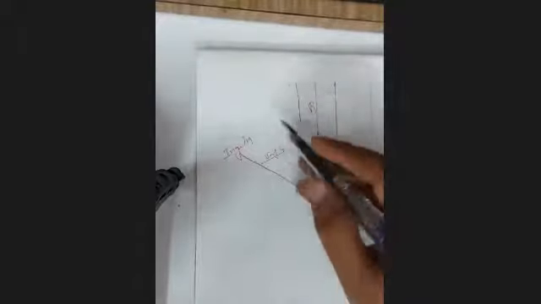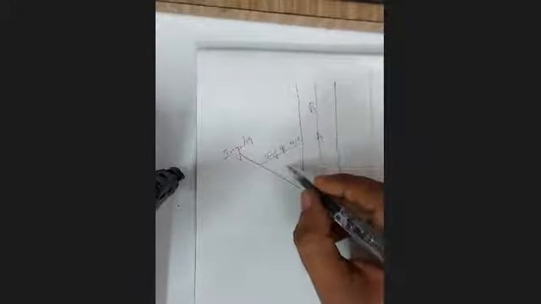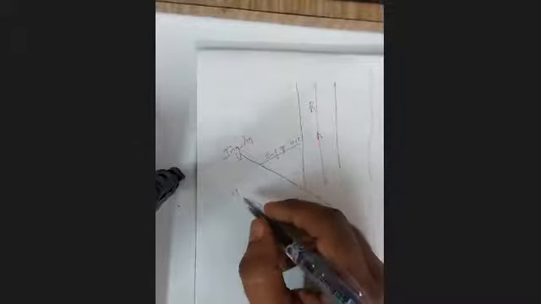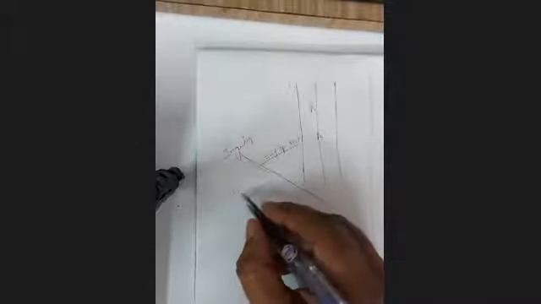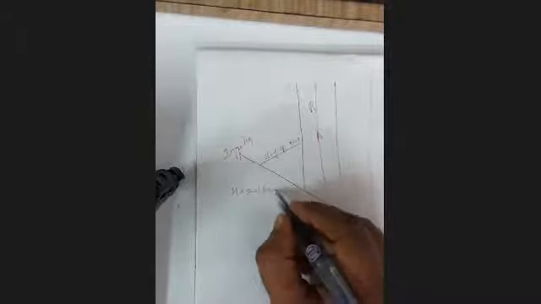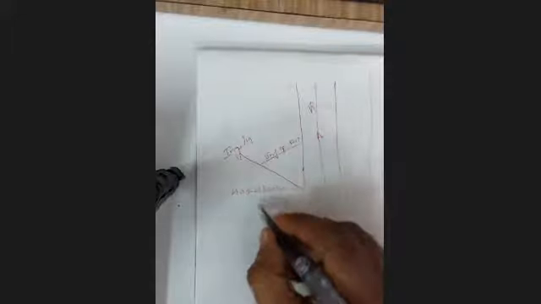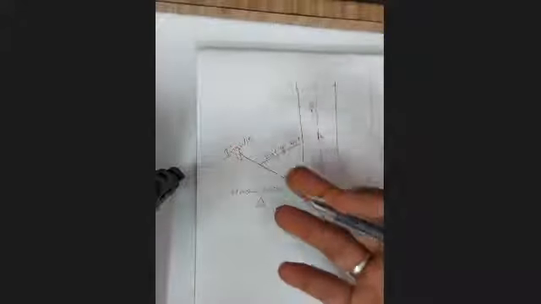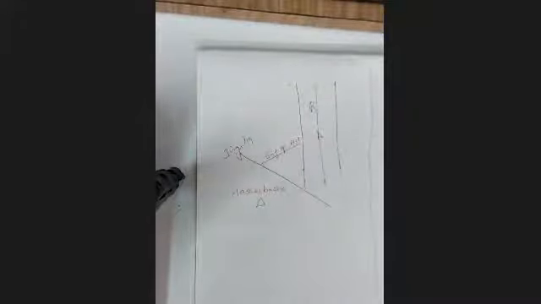This triangle is called Hesselbach's triangle. It is through this Hesselbach's triangle that abdominal structures go into the inguinal canal, and this type of hernia is called a direct hernia.